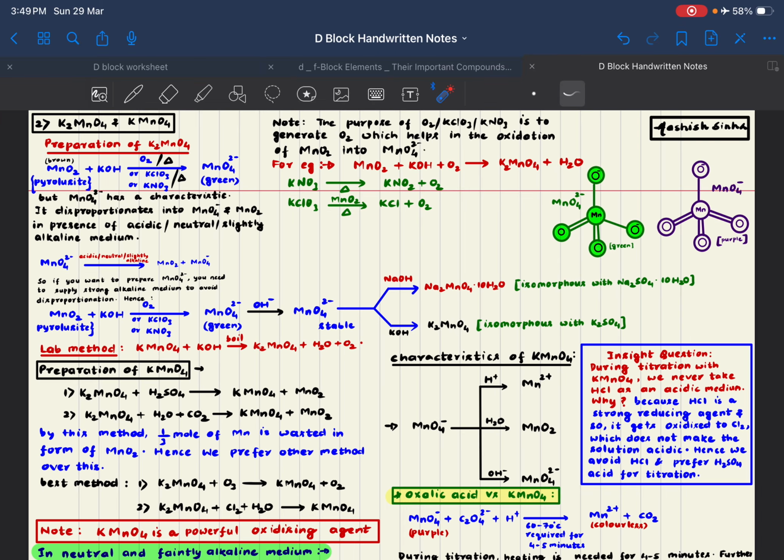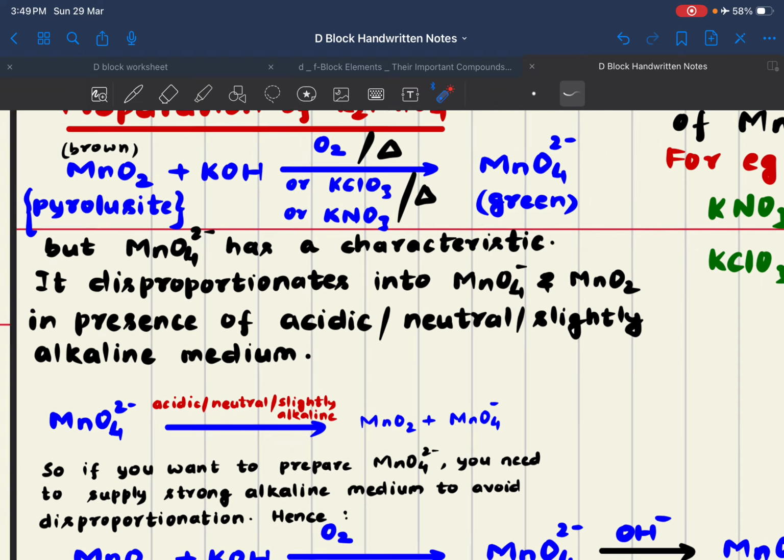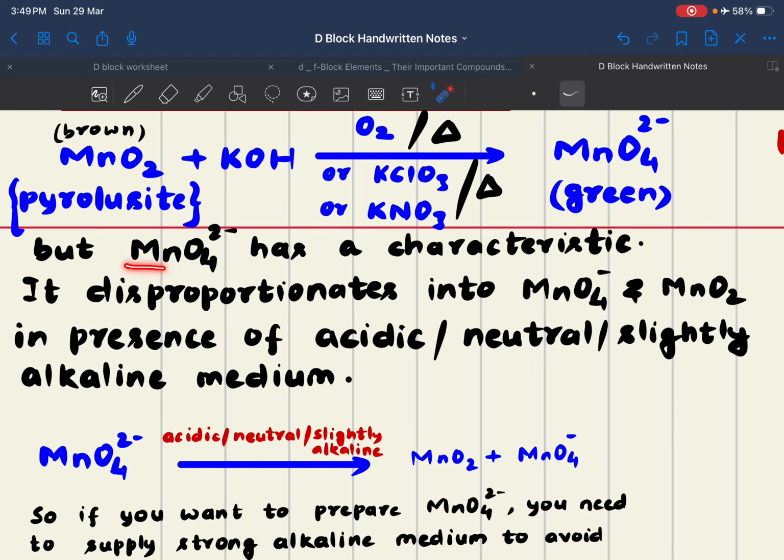Moving ahead. Now I want to tell you a very important thing about MnO4 2 minus. Manganate ion has a different behavior. It has a specific property. What is it? MnO4 2 minus disproportionates into MnO4 minus and MnO2.